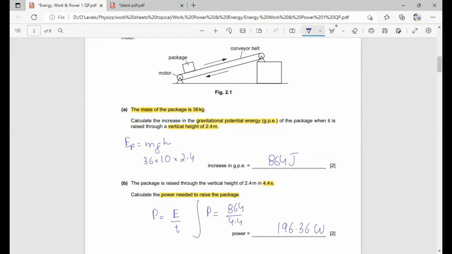So this second part is interconnected with your first part. If you calculate wrong in the first part, the second will be wrong. They have tried to trick us by telling us the vertical height of 2.4 meters again, but we don't need it because the vertical height is the same as in the first part. We have already calculated the amount of energy, so we will just use that energy and divide it by the time. So we will get the actual power.